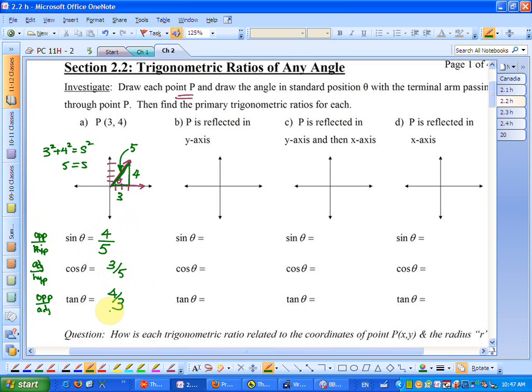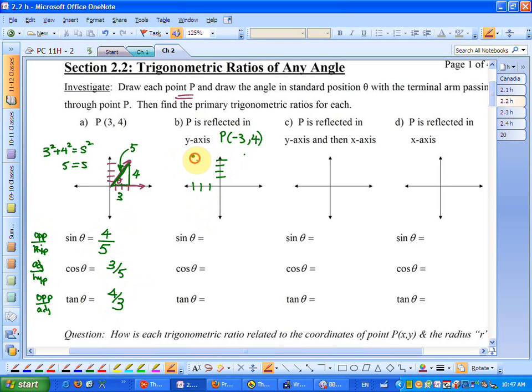Now, for part B, let me get the picture ready for you. P is reflected in the y-axis. So instead of over here, it's now over here. What's actually changed? It's the x value that changed. So your new coordinate is actually (-3, 4). So once again, plot and then draw, please.